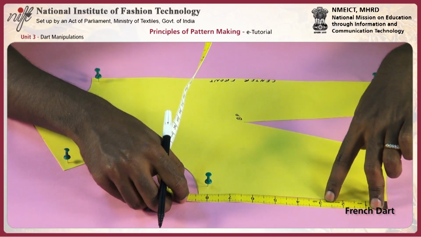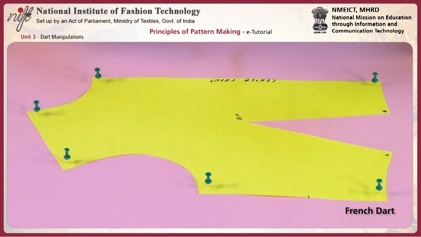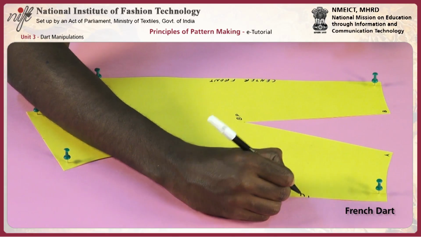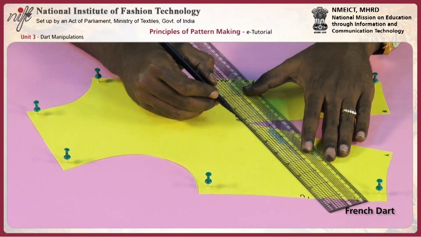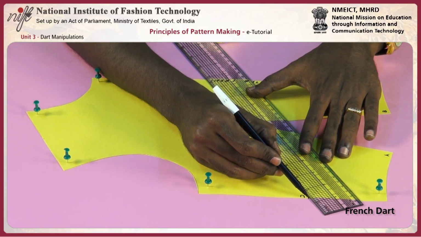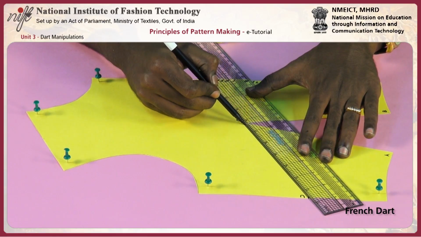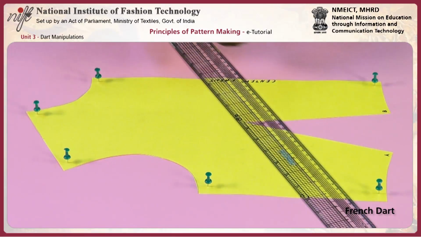I am marking 3.5 inches from the waist level and mark C. Connect C to bust point. Then slash the line.